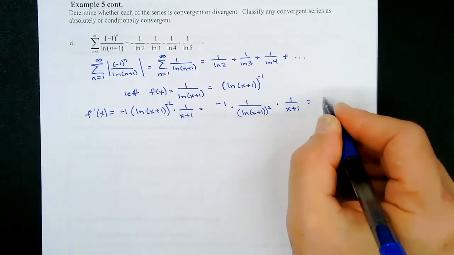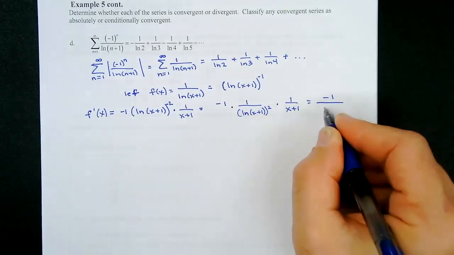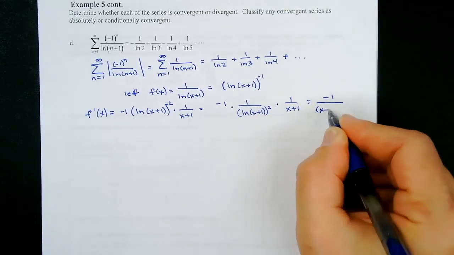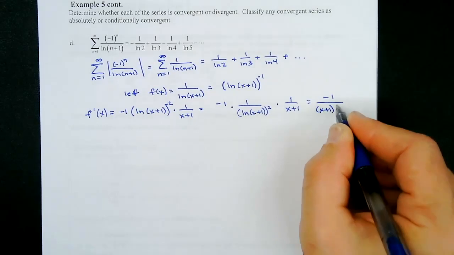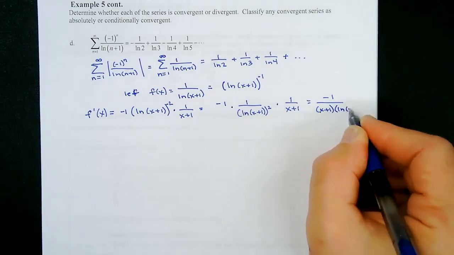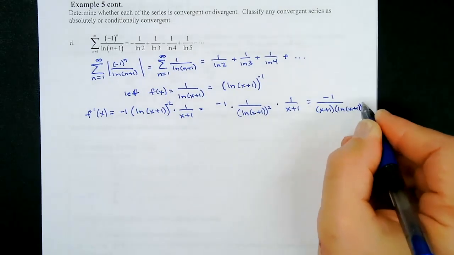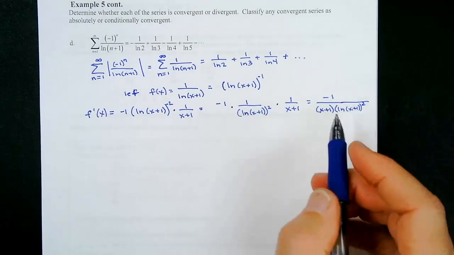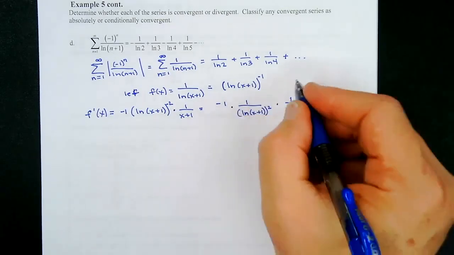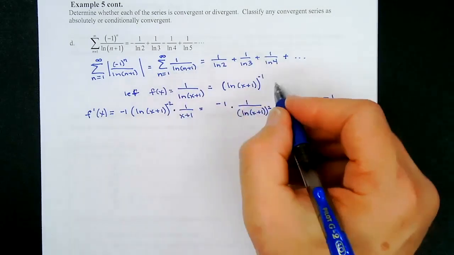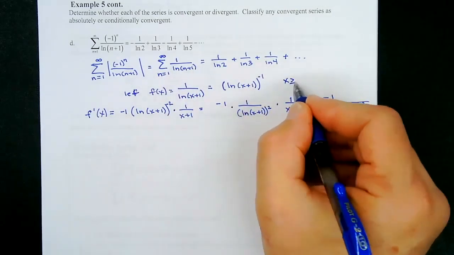So this becomes -1 over x plus 1 times ln of x plus 1 squared. This is for x greater than or equal to 1, because n is equal to 1.